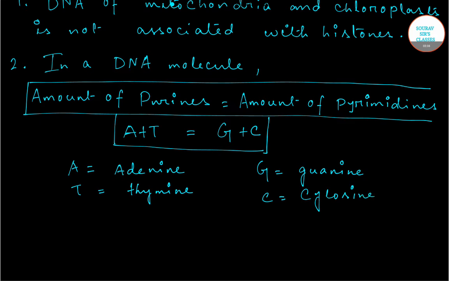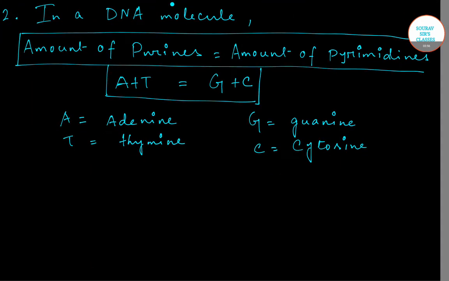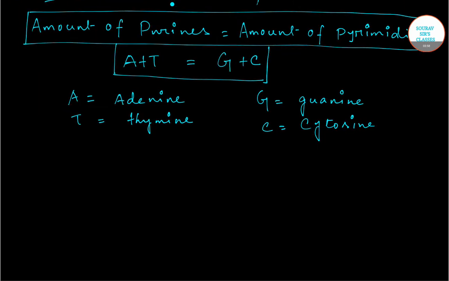These are all four bases of DNA. So in DNA molecules, the amount of purine is equal to the amount of pyrimidine, and from this we can say that the total amount of adenine and thymine is equal to the total amount of guanine plus cytosine.